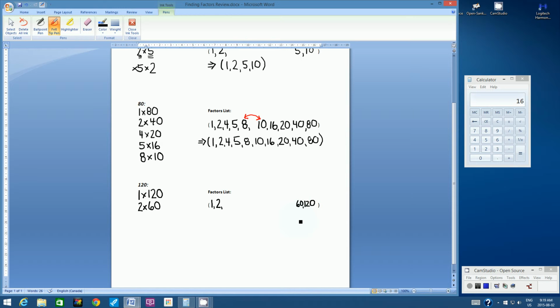Now again, I'm going a little bit slower on this example because I'm hoping that you'll stay ahead of me. So the next factor we should try is 3. So I'm going to pause for a bit and I want you to see if 3 divides equally into 120. You can use your divisibility rule, or you can simply use your calculator.